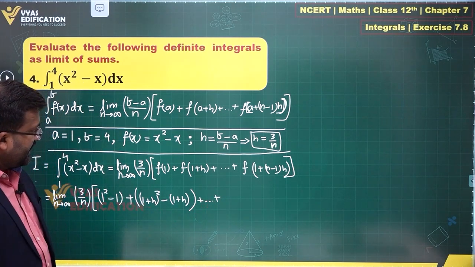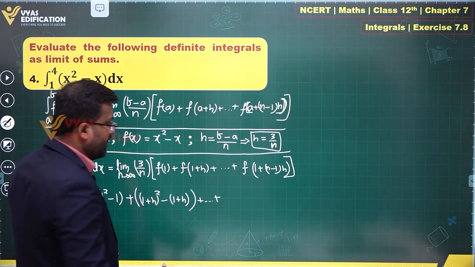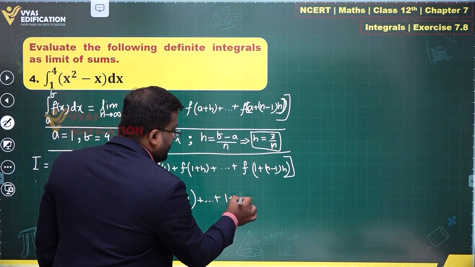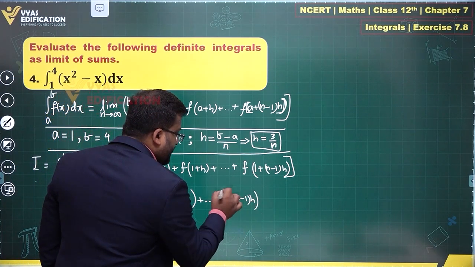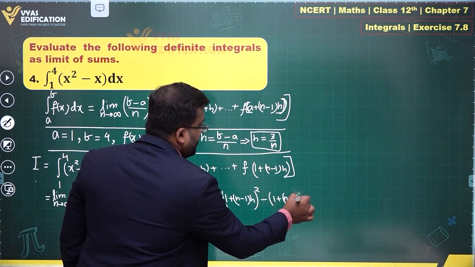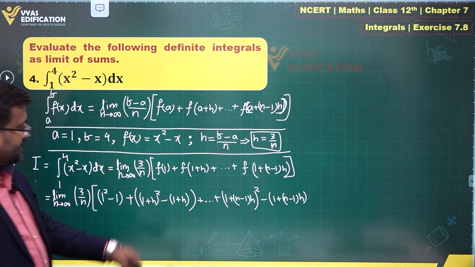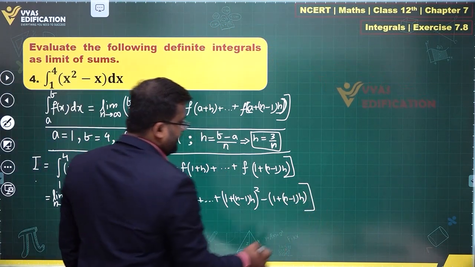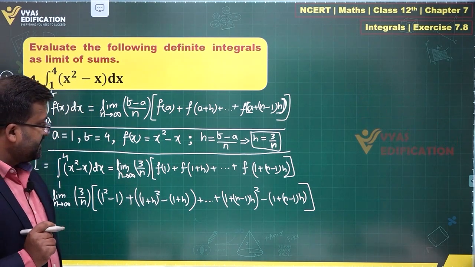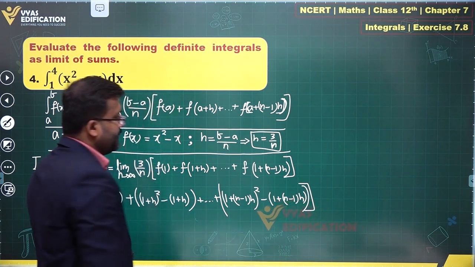And what else? The last bracket will be x square minus this term, so (1 plus (n minus 1)h) square minus (1 plus (n minus 1) into h). This is what you'll have. And yes, that's a complete expression over here. If you take a look at this, this is the last term.